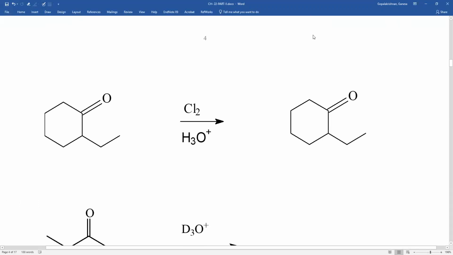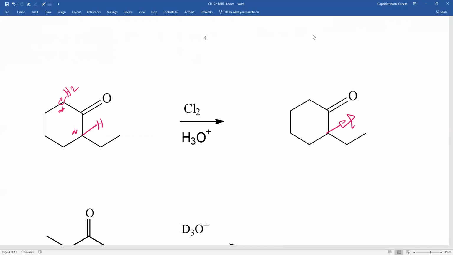In this case, this is a ketone. You have two alpha carbons. This one has two hydrogens. This one has one hydrogen. This is easier to replace, so this will be the major product. The other product will not be formed. If it does, it will be a minor product.